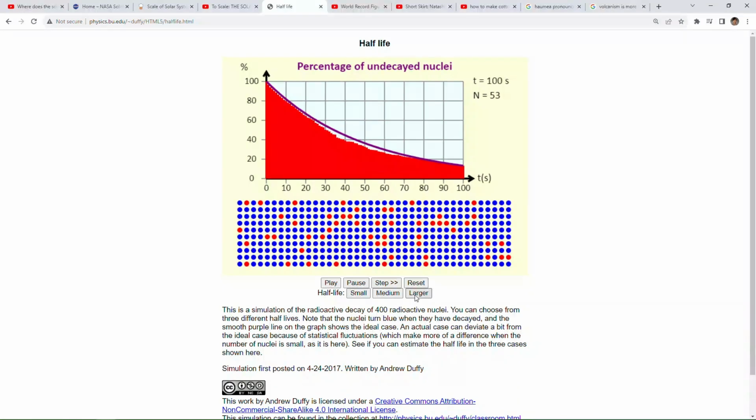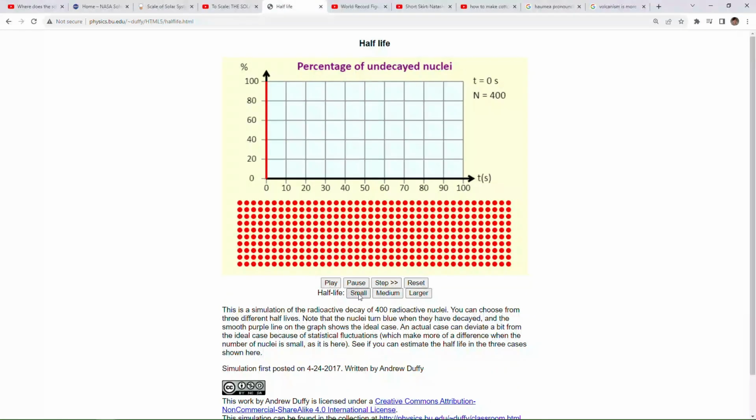So you can see if it's a smaller half-life, more elements will decay in a short amount of time. And a larger half-life means fewer atoms will decay within a certain time.